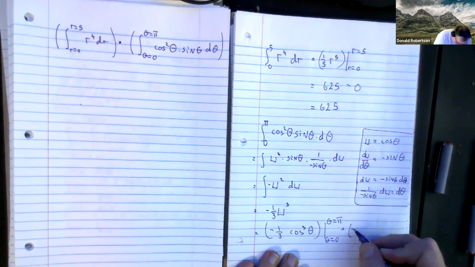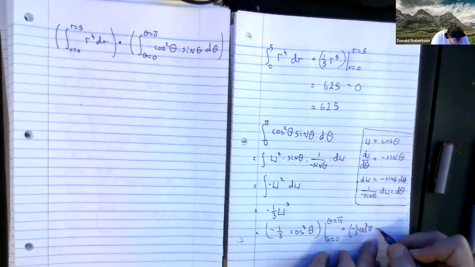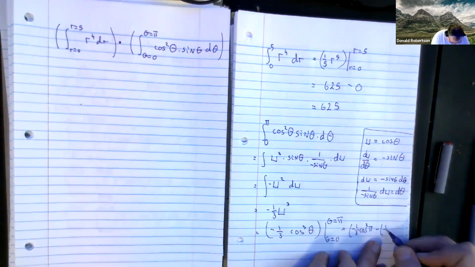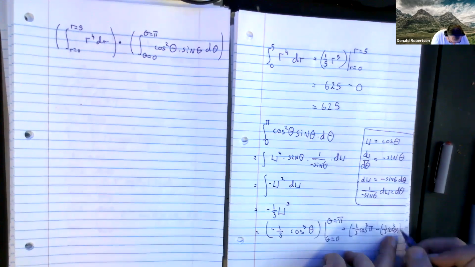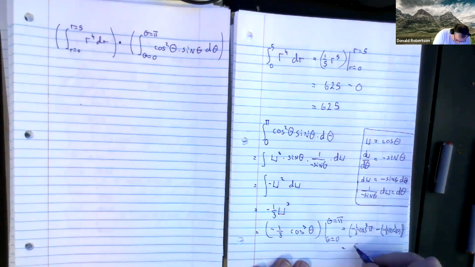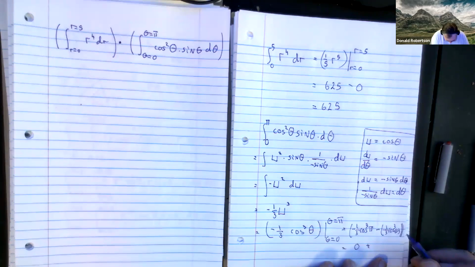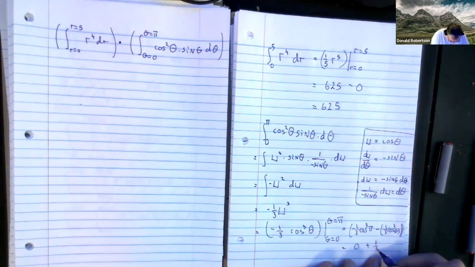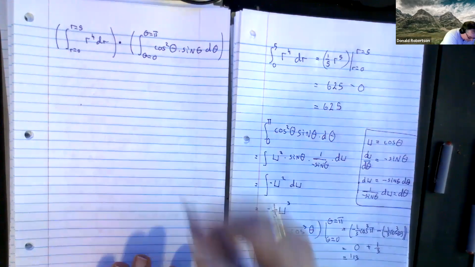It gets me negative 1/3 cos cubed pi, take away negative 1/3 cos cubed 0. Okay, cosine of pi is negative 1, so that guy's negative 1/3. Take away a negative is going to be a plus, and cos of 0 is 1, so basically plus 1/3, and that means that this guy is 1/3.